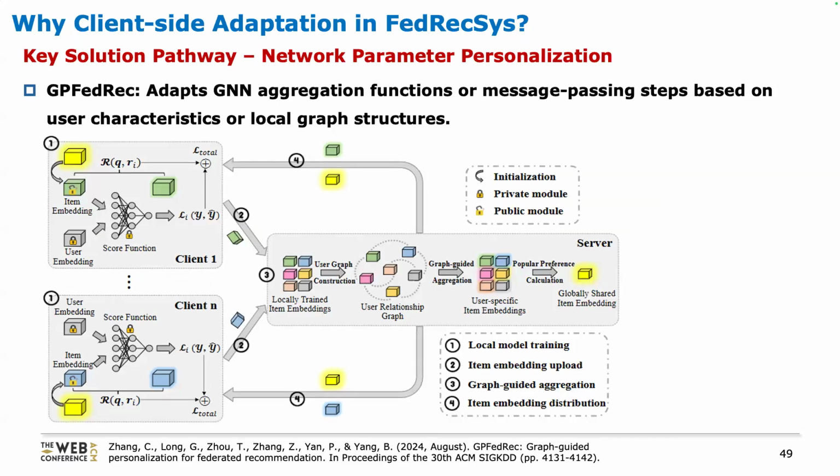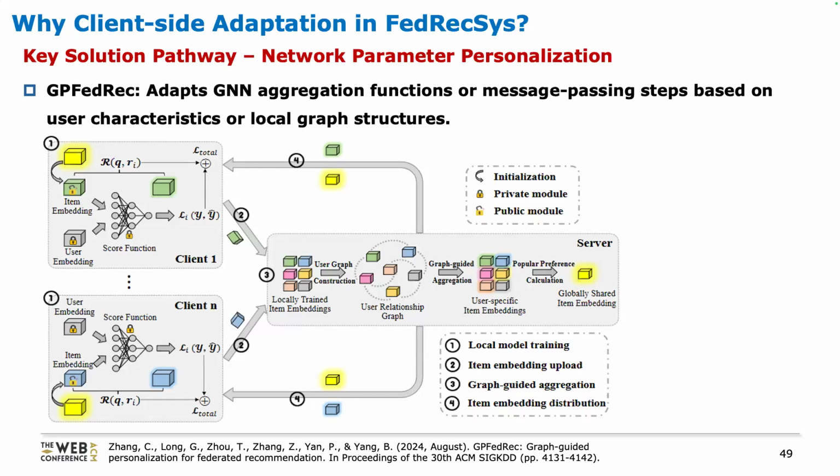GPFedRec adapts the aggregation logic itself to each user's behavior. First, every client trains its own item embeddings and score function on local data, then builds a small user-item graph that reflects its unique interaction patterns. Next, instead of averaging embeddings across clients, the server performs a graph-guided aggregation.